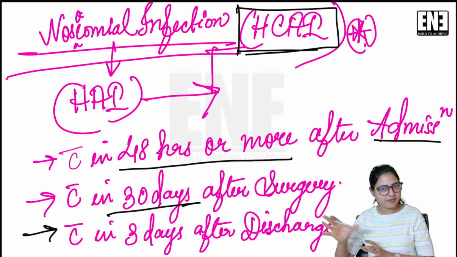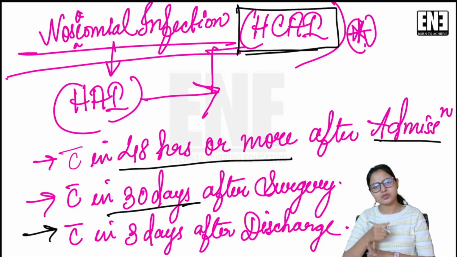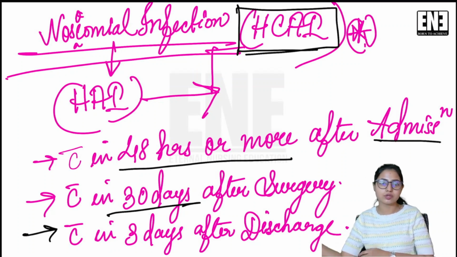After that, within 72 hours or within 3 days, if you're getting any infection, any illness, any signs of symptoms or anything, you are again diagnosed with some new infection, means again that is also due to your nosocomial infection or HCAI.